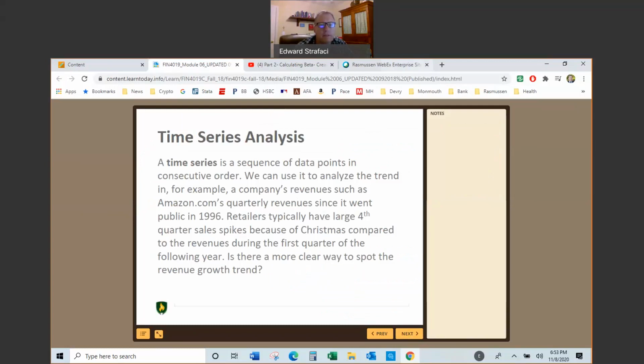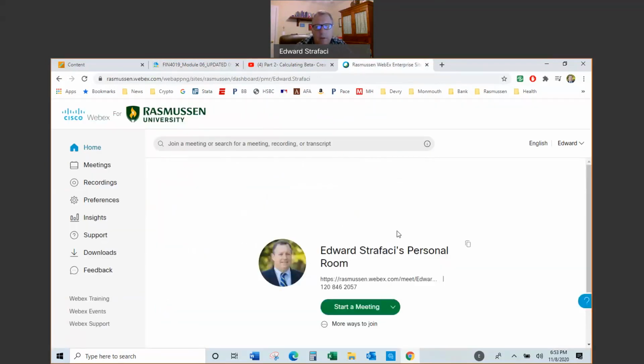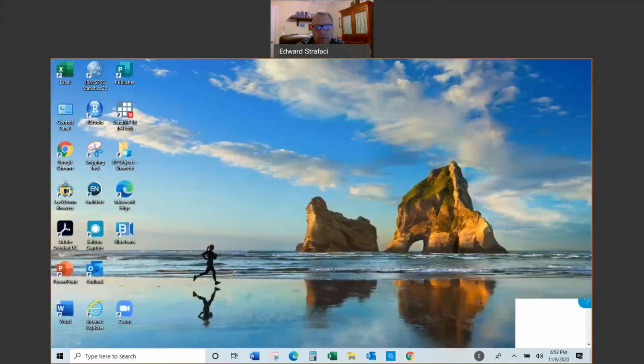remember that the x-axis looks something like this. It's the horizontal axis, and the y-axis is the vertical axis.